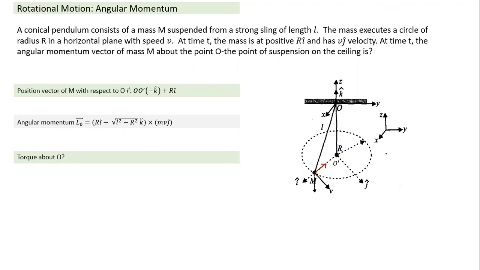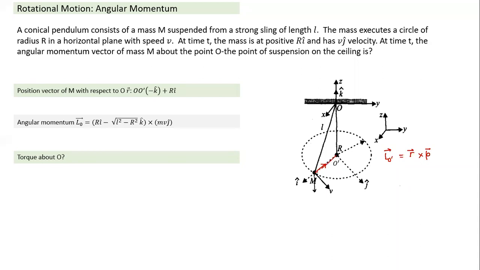If I have to calculate the angular momentum about O dash, how would I calculate it? I will have to write R vector cross momentum vector, R cross P vector. But what would be the position vector of this particle with reference to O dash?